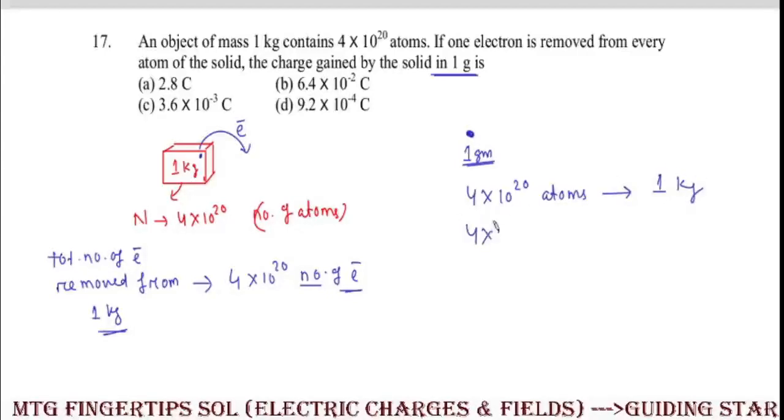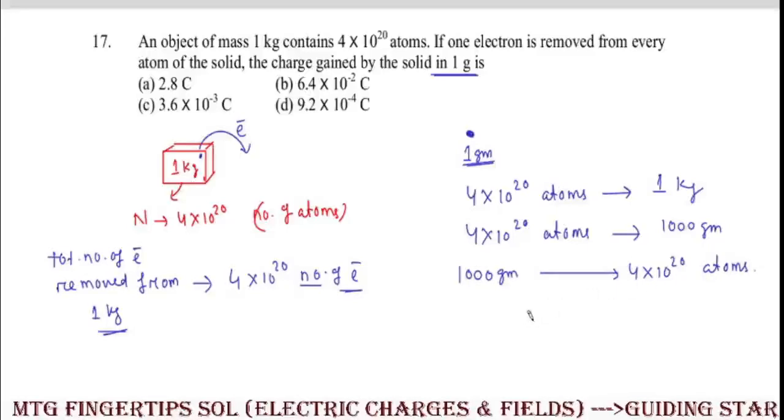That means 4 into 10 to the power 20 atoms are present in 1000 gram of the given block. Clear? Alternately, 1000 gram of the given block contains 4 into 10 to the power 20 atoms.